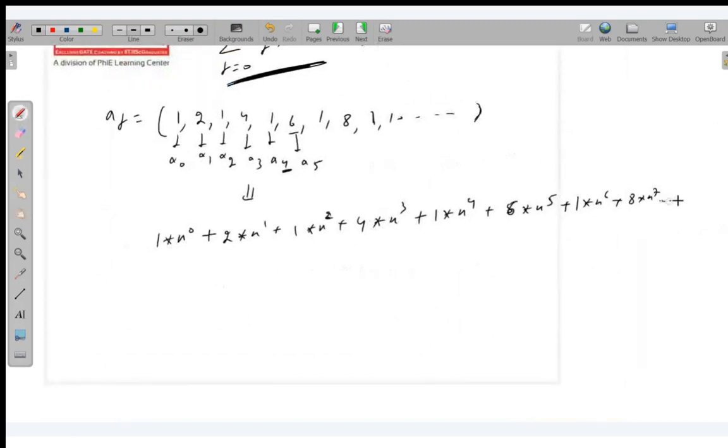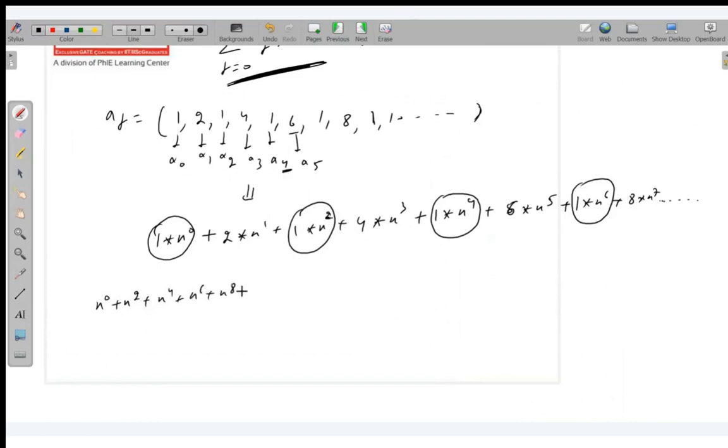Now I think there is some kind of pattern which we already know: x power 0, x power 2, x power 4, x power 6. Just take these terms. We get x power 0 plus x power 2 plus x power 4 plus x power 6 plus x power 8 and so on up to infinity.